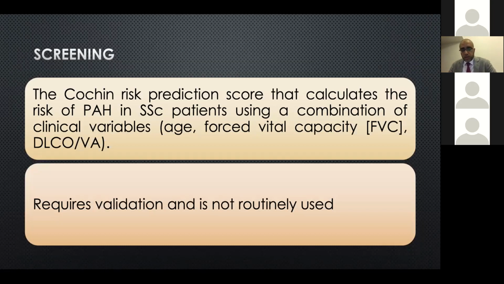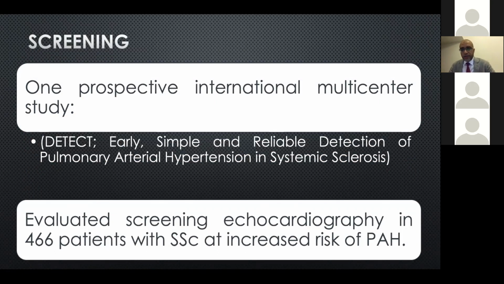Also, there are some assessment scores, like the risk prediction scores, that rely mainly on forced vital capacity and DLCO, but it is not validated to use only pulmonary function test parameters. Coming to the most important one, the DETECT protocol, which will be discussed in a more interesting way with Professor Hani in the next presentation.